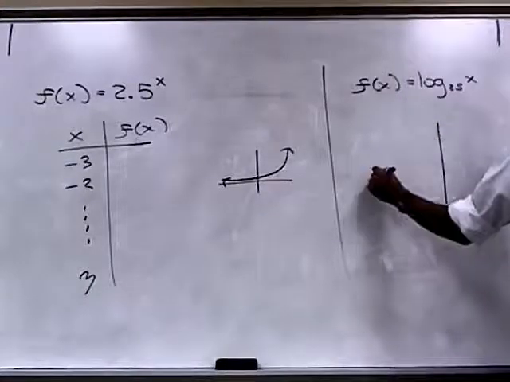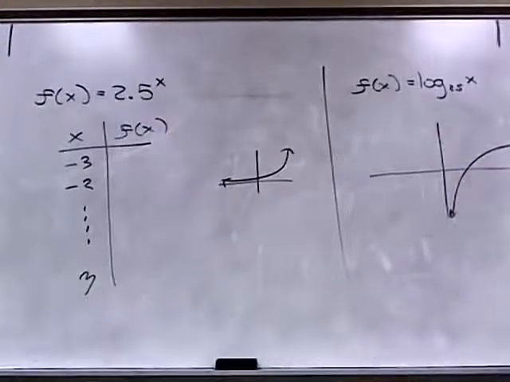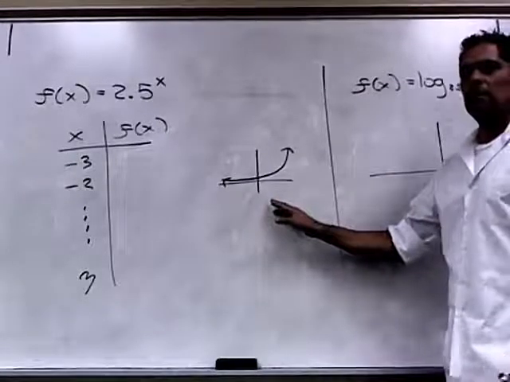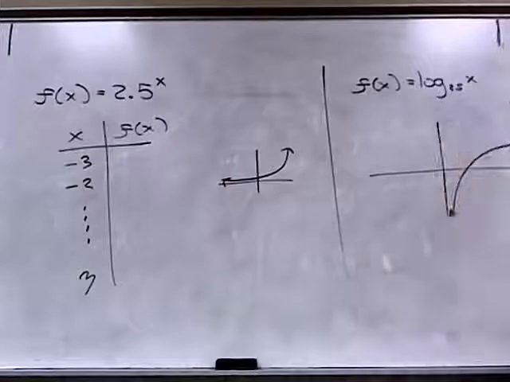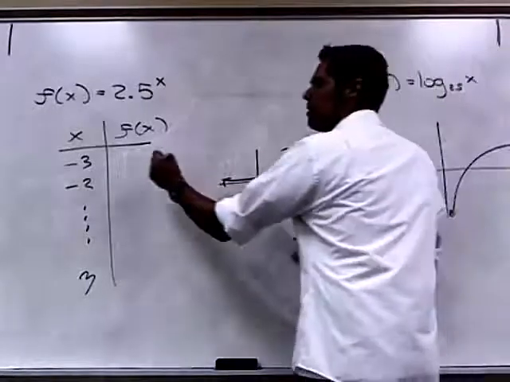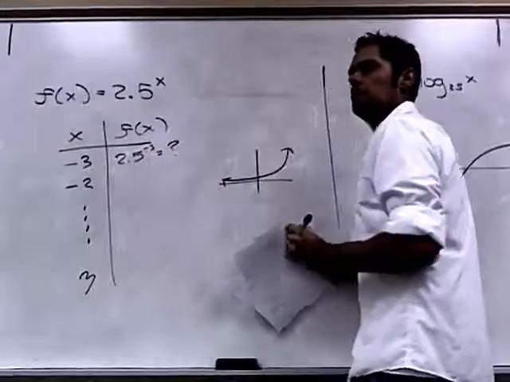So when you graph the function, your function will look more like this. On the test, I was getting this for the exponential function, I was getting this for the log. So there's a pretty big disconnect for some students. That okay? I'm not going to make that table out. But how would you do it on your calculator? 2.5 to -3, and then you figure out what it is.